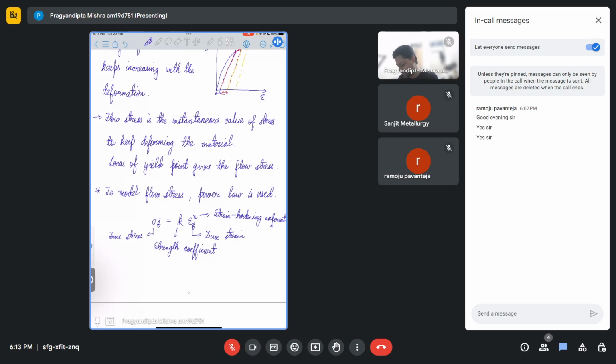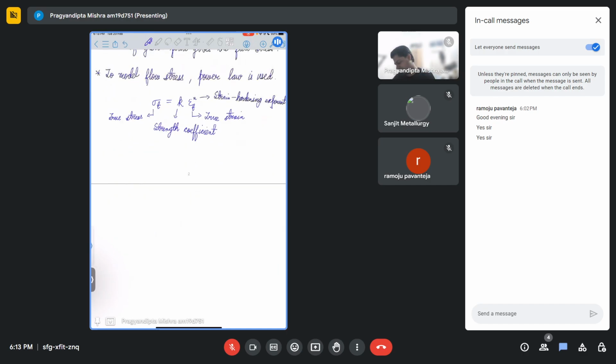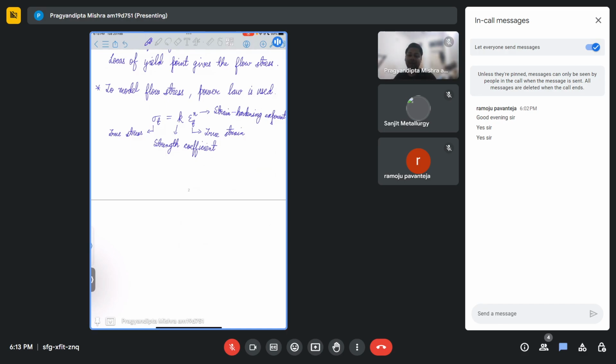Yeah, so as the name suggests, the strength coefficient will control how quickly or how slowly the material will get strengthened, while the strain hardening exponent will control the rate of strain hardening. So now let's try to understand what exactly this rate of strain hardening is.